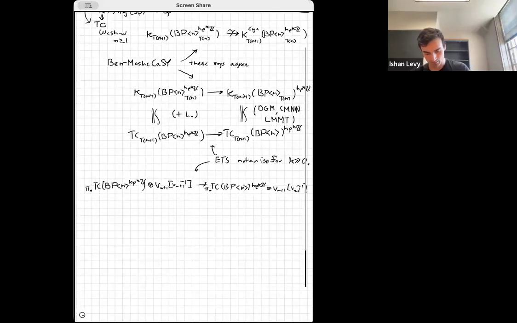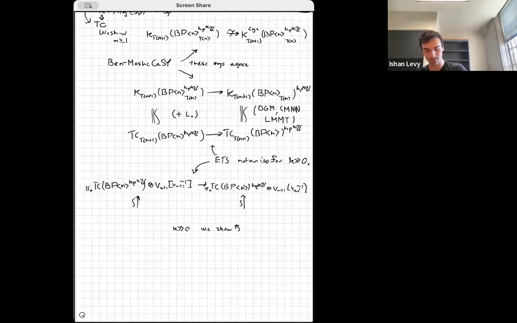And so one of the key technical points in the paper is that we actually show that when k is sufficiently large, there's a square of isomorphisms.